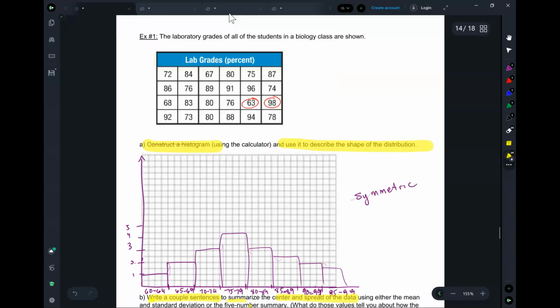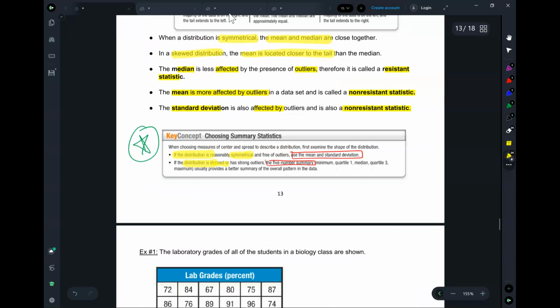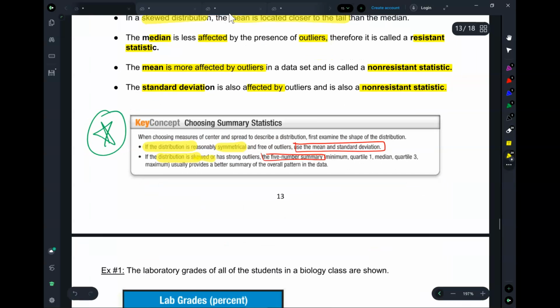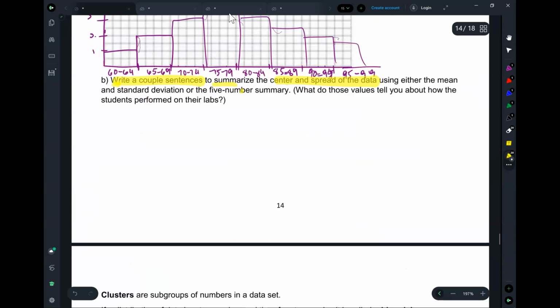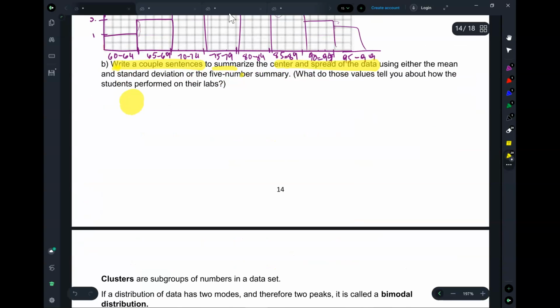Look at what we talked about here. We said if it's symmetric, we have to use the mean and the standard deviation. This is what you need. So, since it's symmetric, we're going to use the mean and the standard deviation.